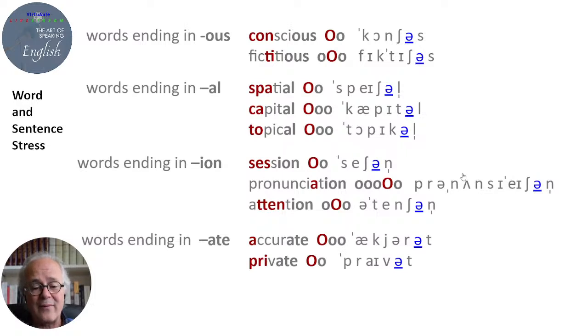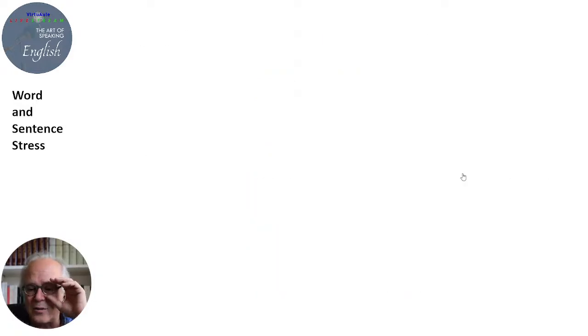Okay, and we also have it in the word private. So these endings with A-T-E, also delicate. Okay, so it's an unstressed vowel, which usually is reduced to a schwa. So these are some groups. You can regard this as a certain pattern.